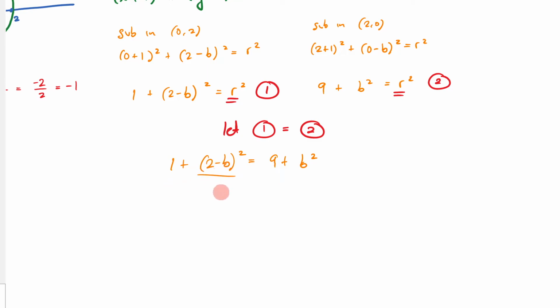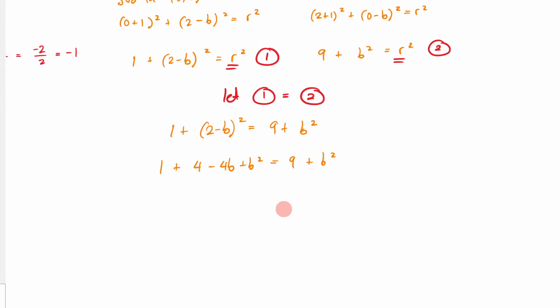Let me expand this out: 1 plus 4 minus 4b plus b squared is equal to 9 plus b squared. 5 minus 4b, and the b squared goes away with that b squared. So 5 minus 4b is equal to 9. Negative 4b is equal to 4. Therefore, b is equal to -1.